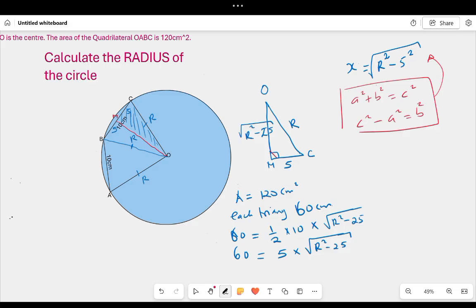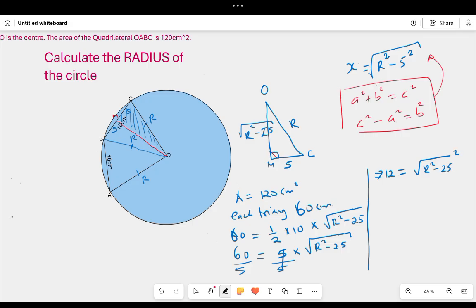Now next step, we divide by 5 on both sides, which is actually going to be equal to 60 divided by 5 is 12, which is equal to the square root of r squared minus 25.